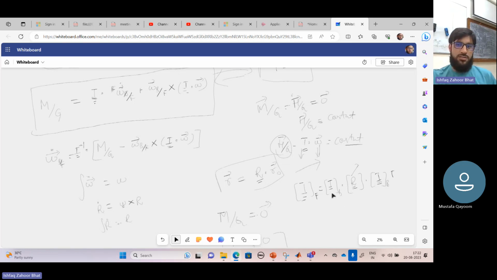Given that you have components of I in the body frame, which is fixed, I can understand that this thing is constant, this thing is constant, but this is not constant. This is continuously changing. Your body is rotating. How this body is rotating is governed by omega. And how omega is changing is governed by this thing.